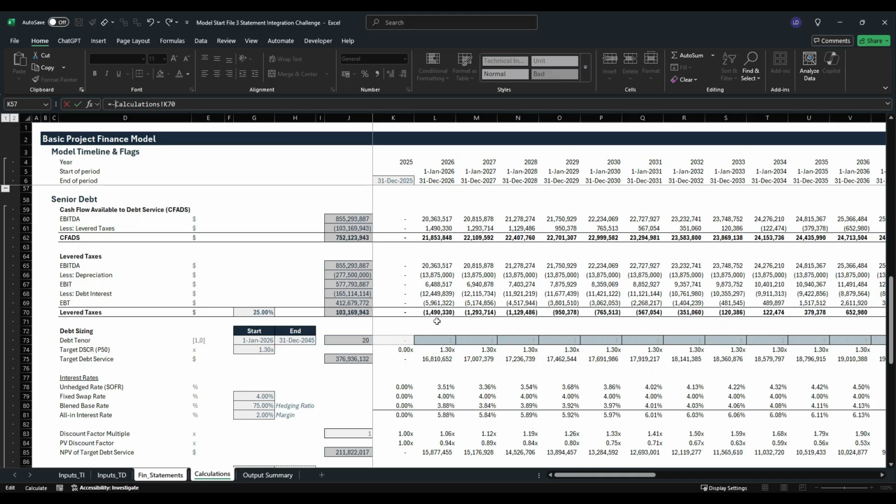Now you will rightfully argue that a lot of governments will actually not pay the SPV these negative taxes back but instead they would allow the SPV to carry these tax losses forward and offset them against gains or positive net income in future periods, which in our case would be the case in 2034.